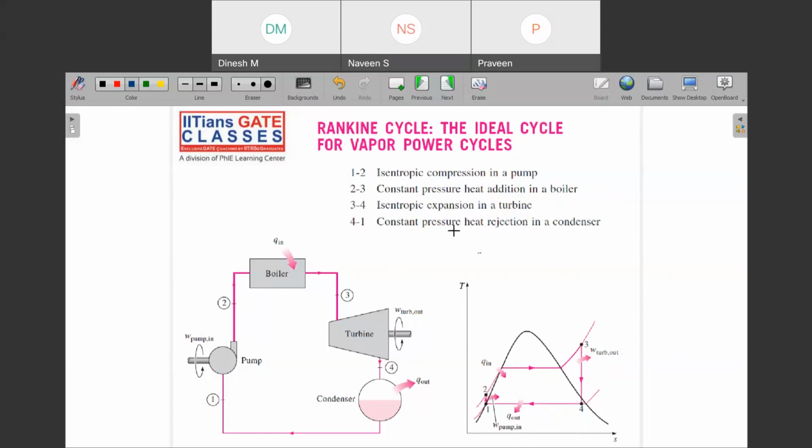So can you see that this is the cycle which has mostly reached the idealization of the Carnot cycle? So if somebody asks you which is the cycle which mostly replicates the Carnot cycle, then the answer will be the Rankine cycle. Okay.